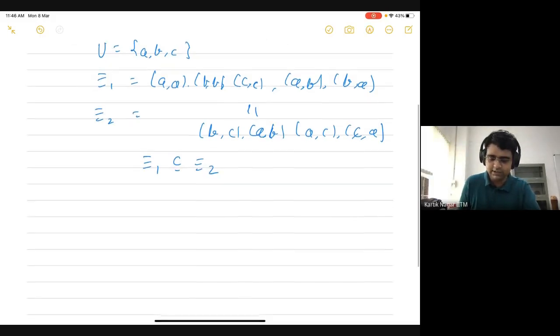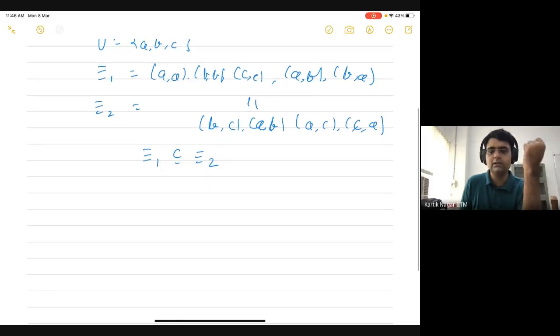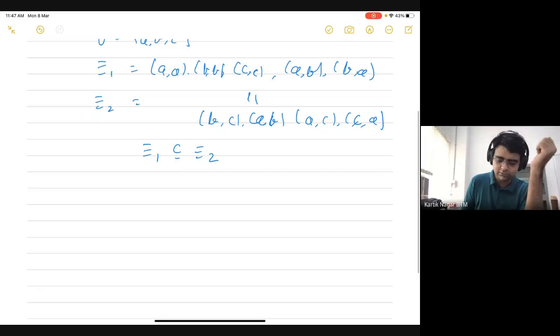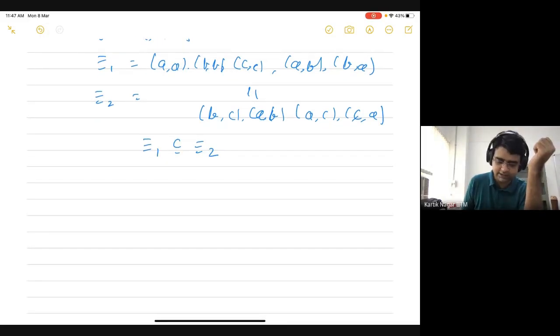Moreover, both of these are equivalence relations. So they are reflexive, symmetric, and transitive. But what are the equivalence classes of relation one? This relation one has two equivalence classes: one which consists of just A, B, and another which consists of C. And what about relation two?